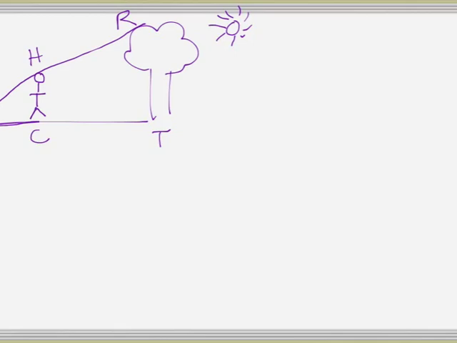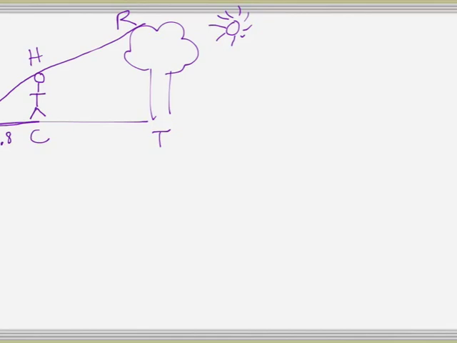That makes sense. If Celia measures her shadow, and it is 0.8 meters long, where would I put that in my picture? From her S to C is 0.8. Her shadow is 0.8. Shadows are on the ground, so that goes on the ground piece there. If the tree shadow is 5 meters long, where does that go?